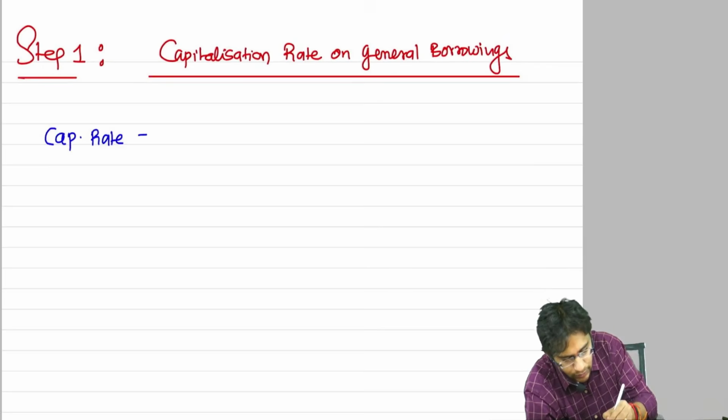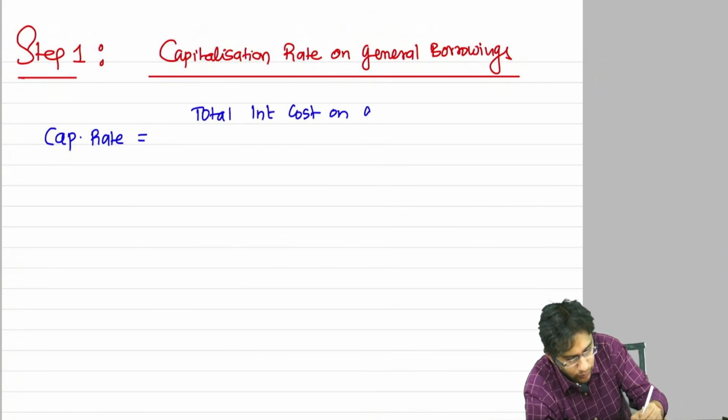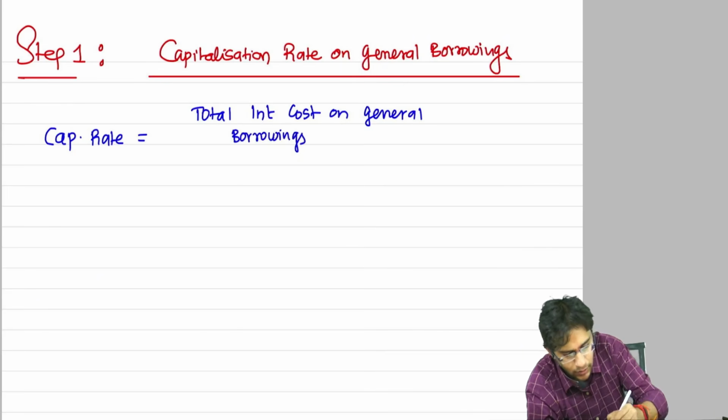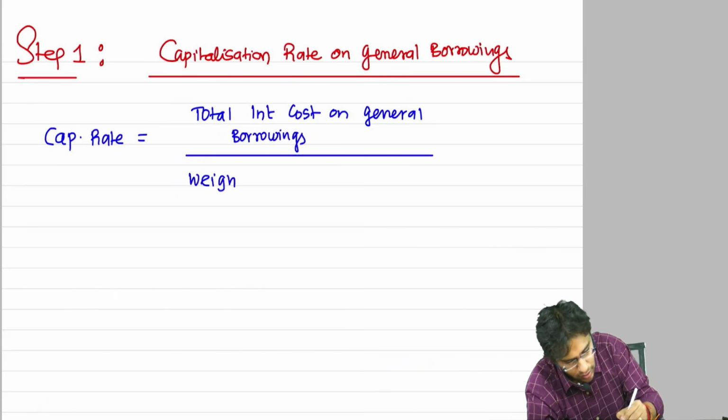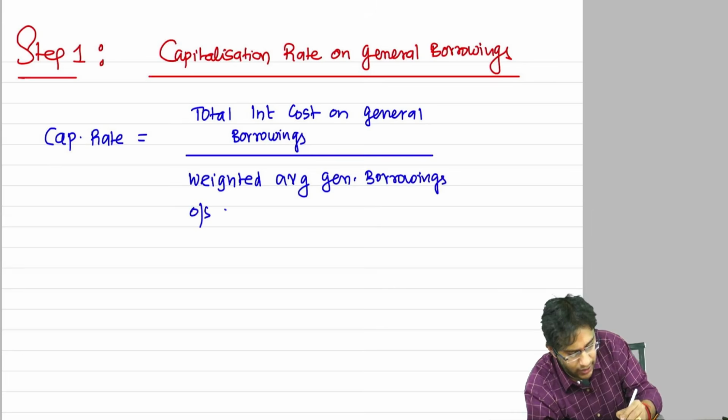Now, how to get this rate? Capitalization rate is equal to total interest cost on general borrowings divided by weighted average general borrowings outstanding during the year.